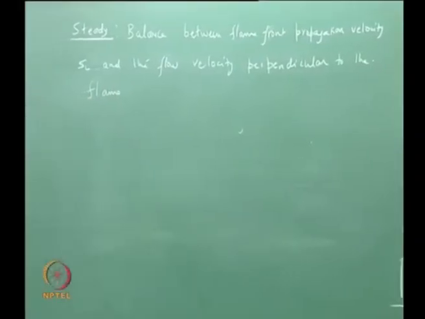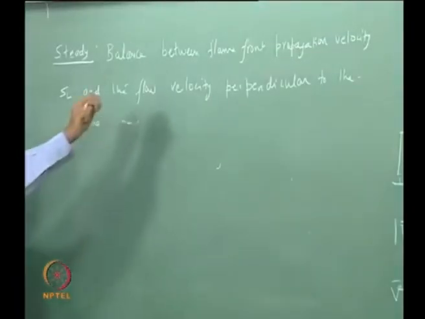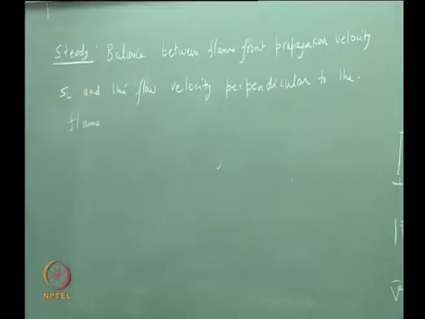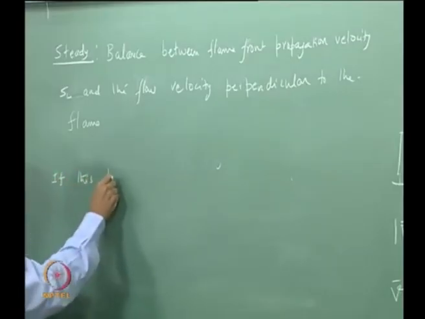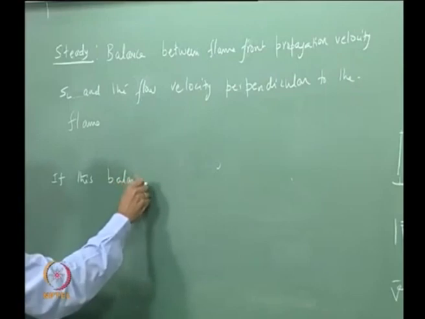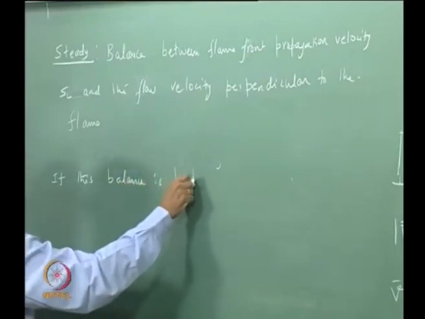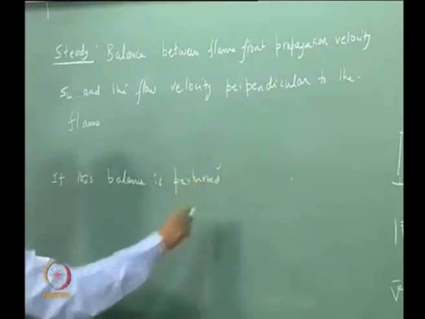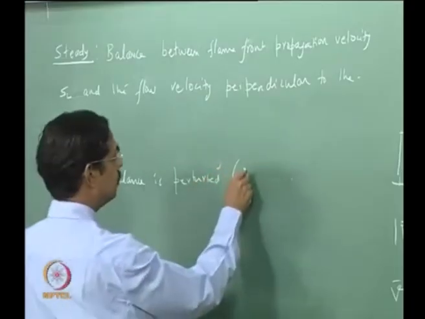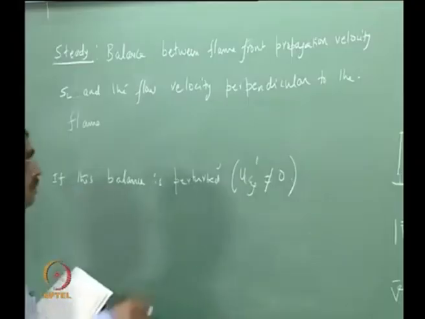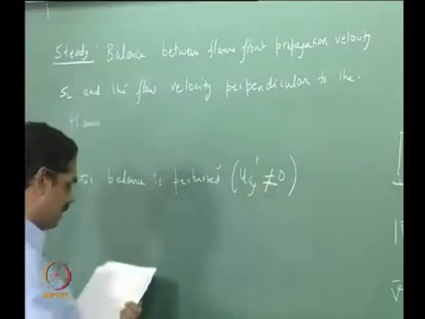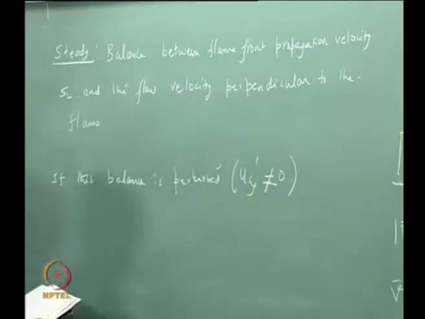For the steady flame there is a balance between the flame front propagation velocity and the flow velocity perpendicular to the flame. So if this balance is perturbed, that would mean u psi prime not equal to 0, okay, that is what is creating the imbalance, and then the position of the flame changes, the flame wrinkles.